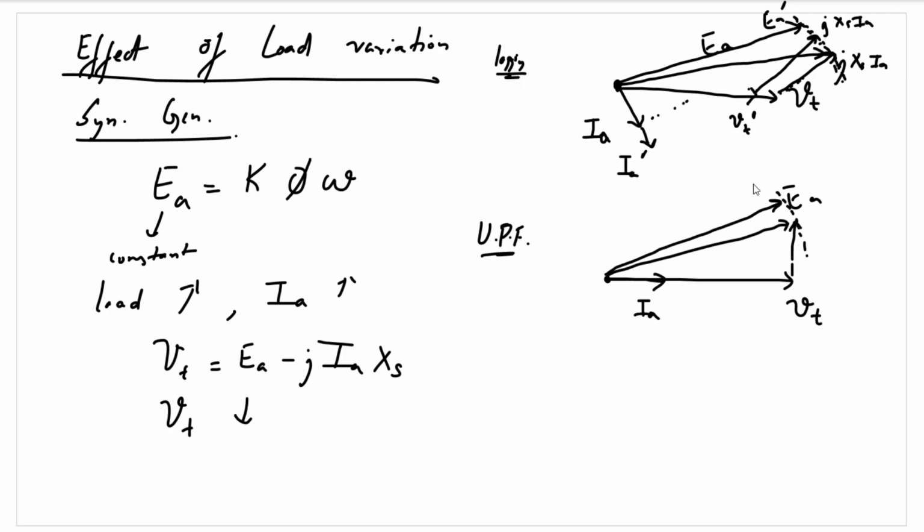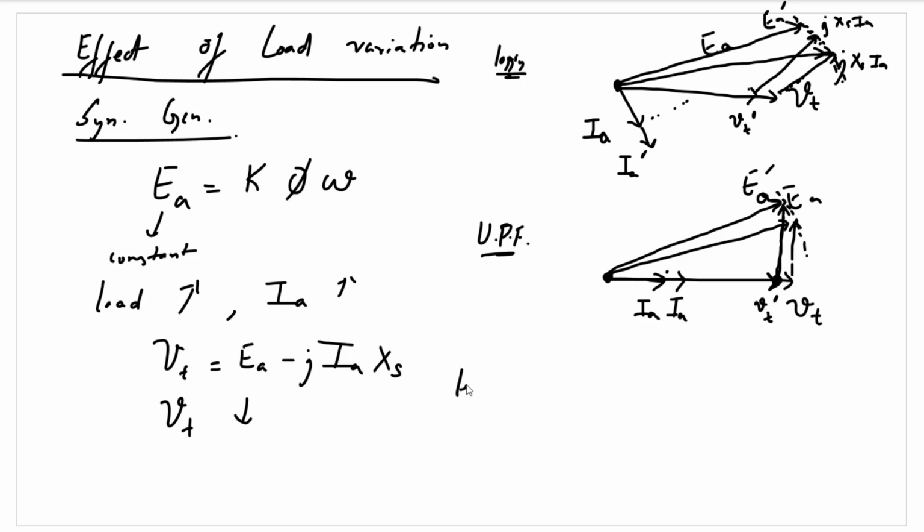That means the new EA dash will be along a semicircular path with this as the center. IA will increase, so j times XS IA will be somewhere here. If this is the origin point of j times XS IA, then VT dash will be at this point. So this is the case of unity power factor. We again see a decrease in VT.